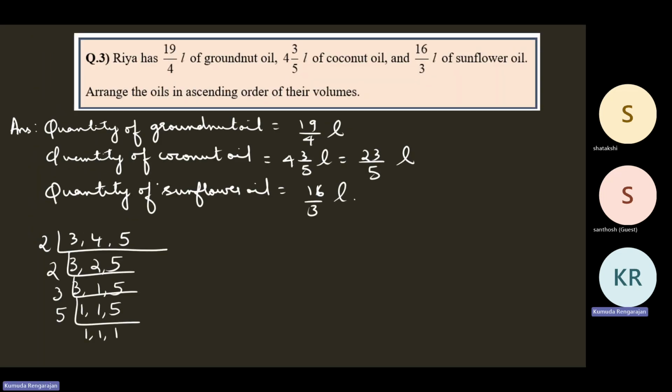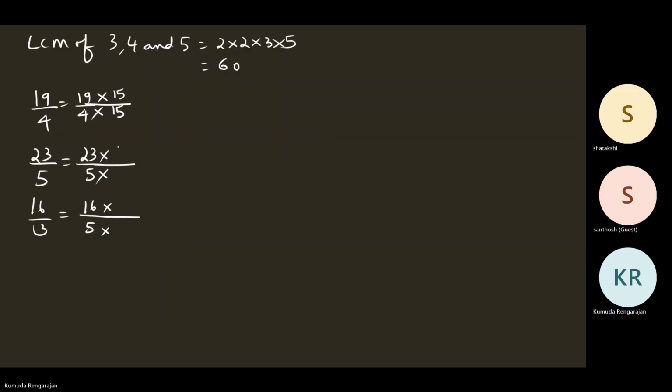Then for the next one, the denominator is 5. So what will you do? I'll skip 5 and multiply the remaining numbers: 2 into 2 into 3. 2 into 2 is 4, into 3 is 12. So we should multiply both numerator and denominator by 12. And in 16 by 3, the denominator is 3.